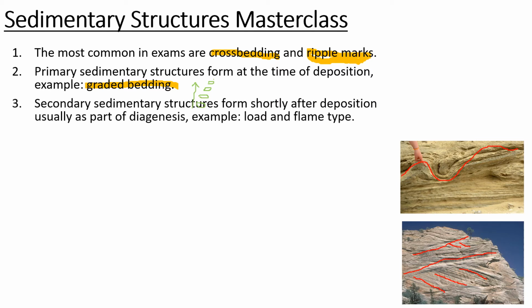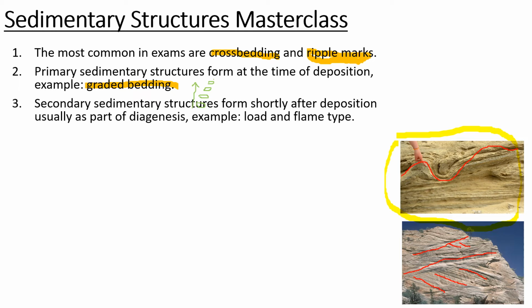The next one here is an example of this feature on the right hand side, which is a load and flame type structure. Now, if you don't know what that is, do a little bit of research, but basically that is formed after, or post deposition.